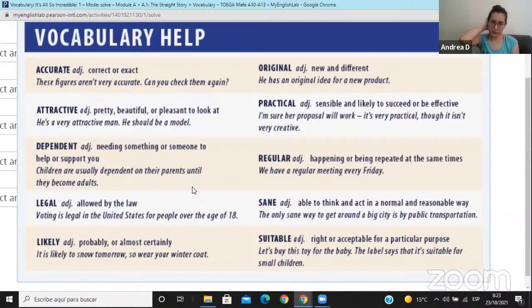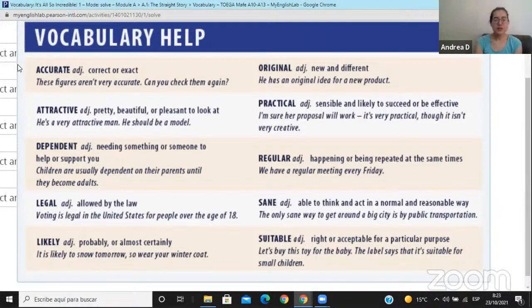Usually when you have memes, somebody will say, oh, that's so accurate.